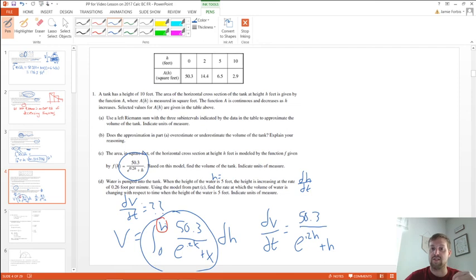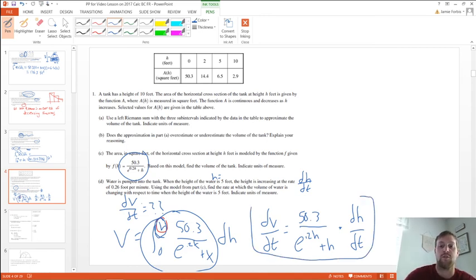But remember that this is implicit differentiation. I'm taking the derivative with respect to time. So if I'm taking the derivative of h, that's going to be times dh over dt, right? That's just chain rule: plug in h and then times the derivative of h, which is dh over dt. So this is the expression for my dV over dt.